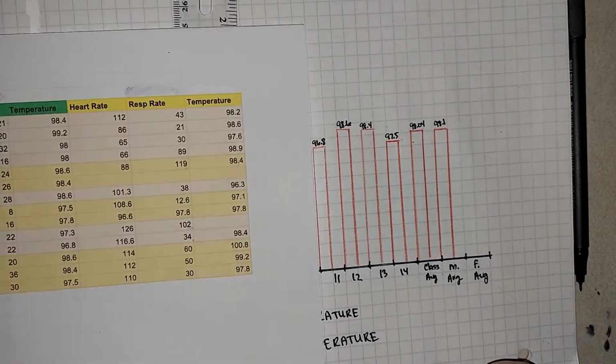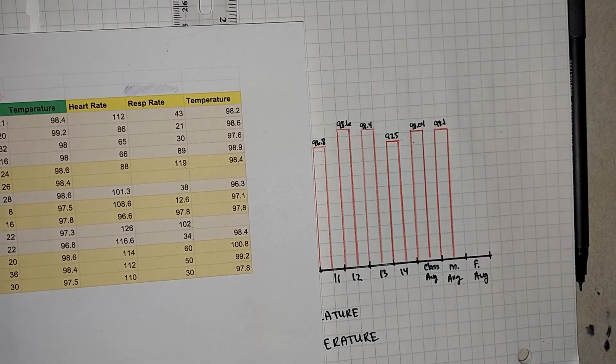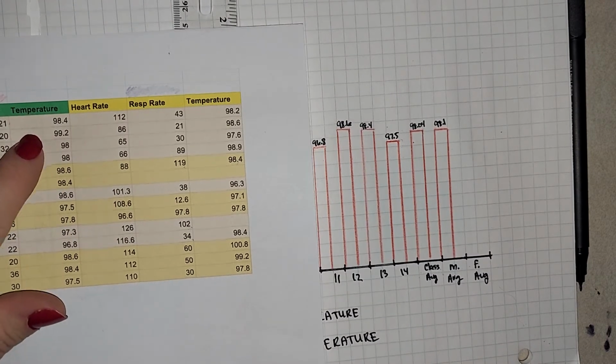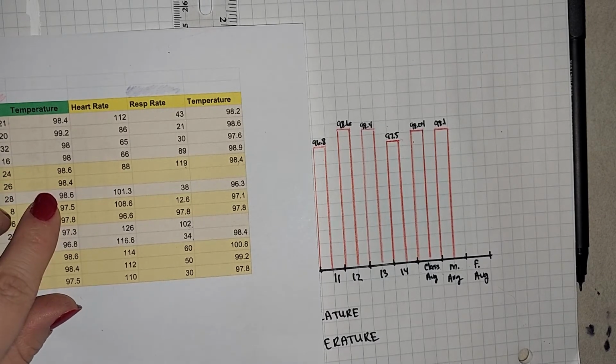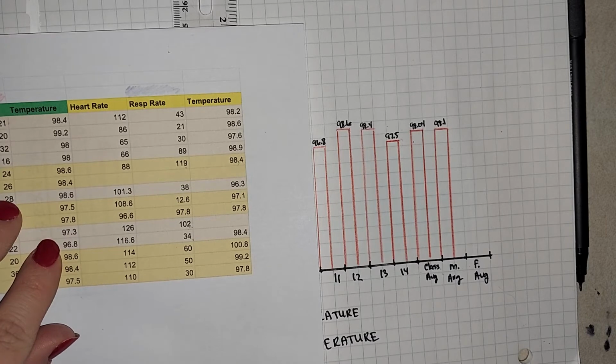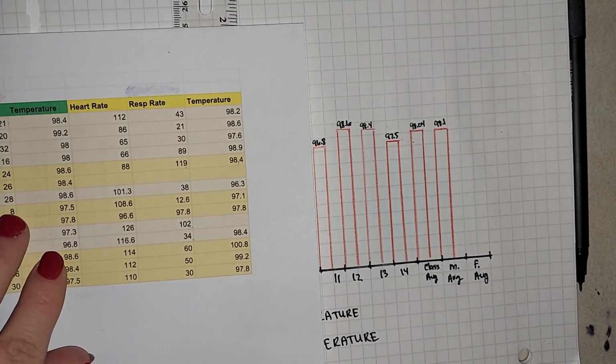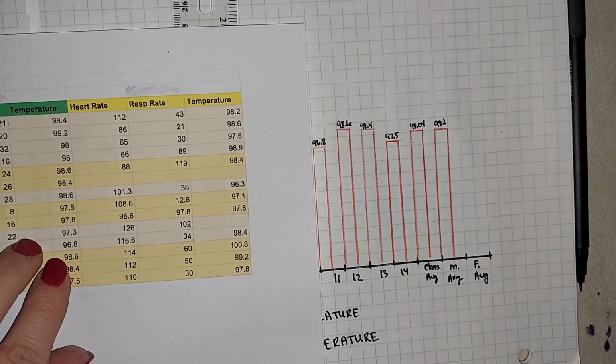And we're going to do the same thing with females, and that is going to be 98.4, 99.2, 98, 98.6, 97.3, 96.3, and then 97.3, sorry.